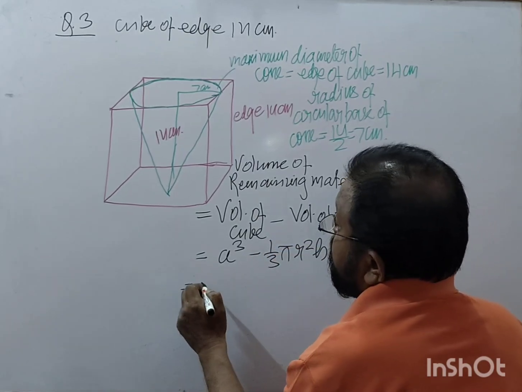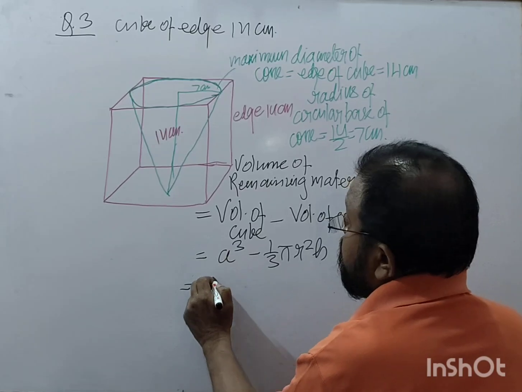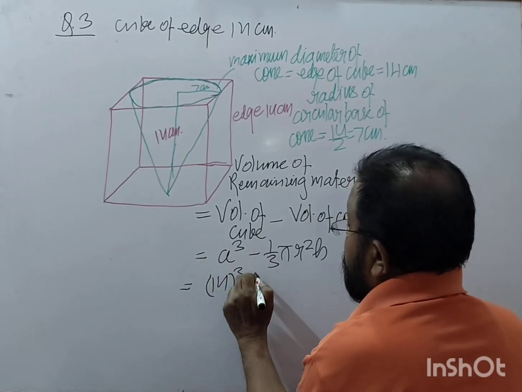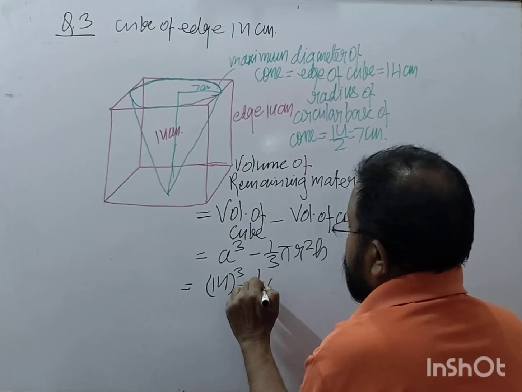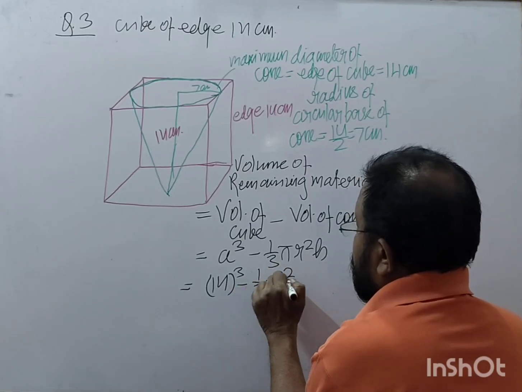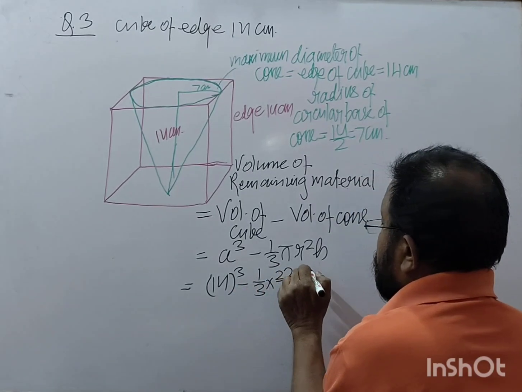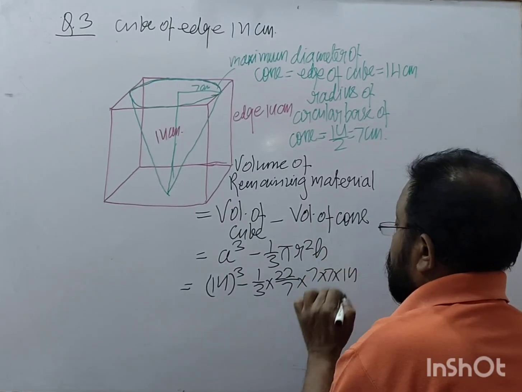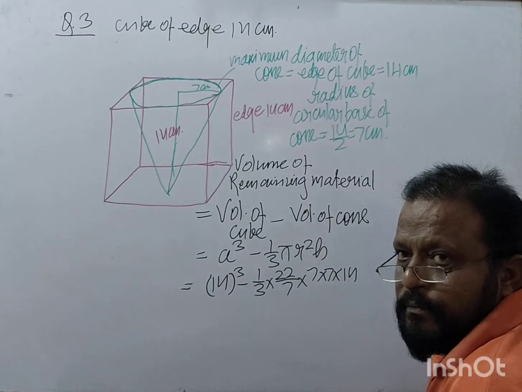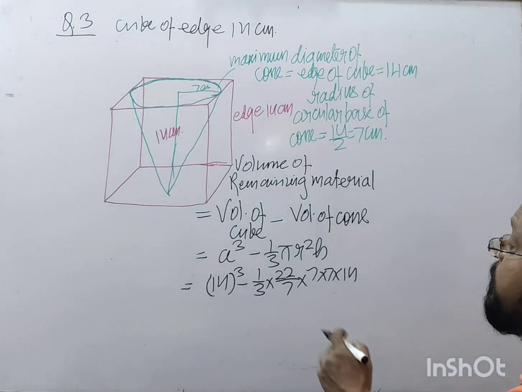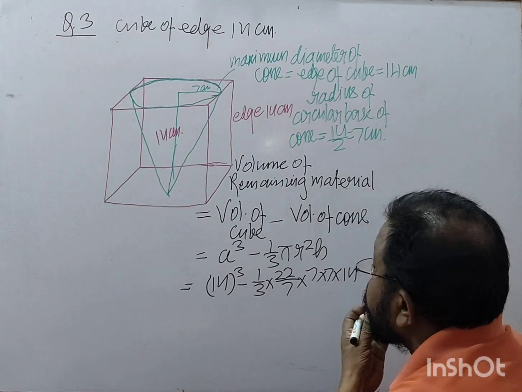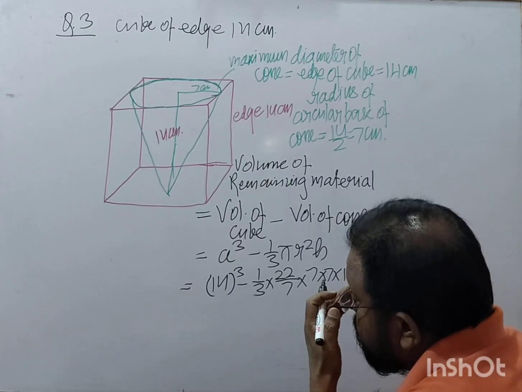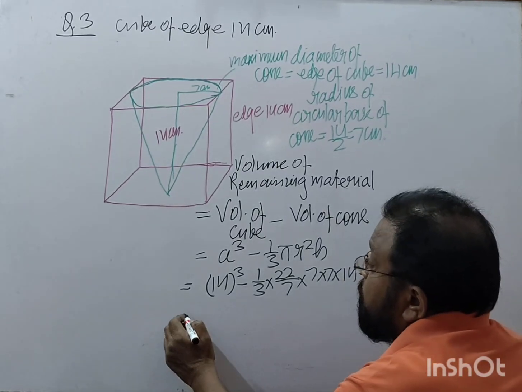So it is 14 cube minus 1/3 into 22/7 into 7 into 7 into 14. What is your answer, by the way?